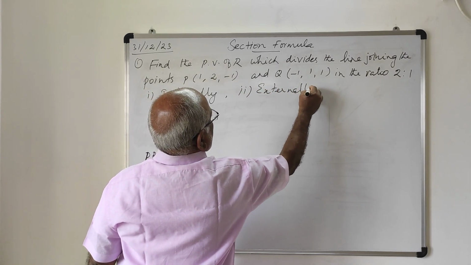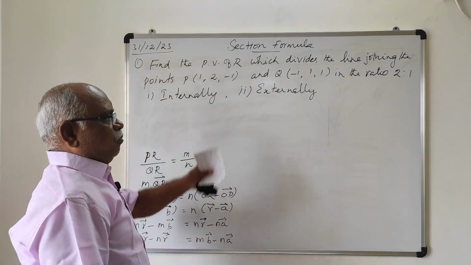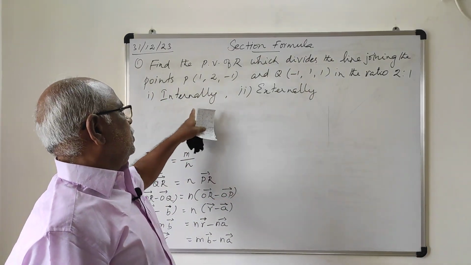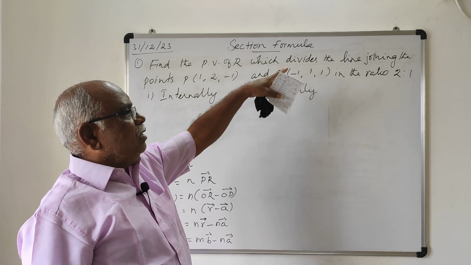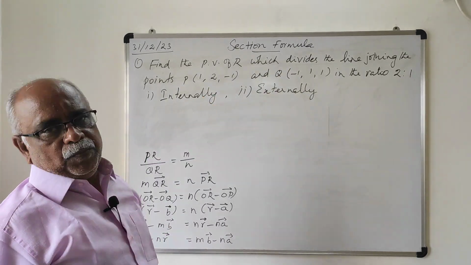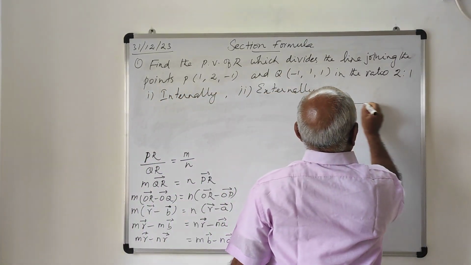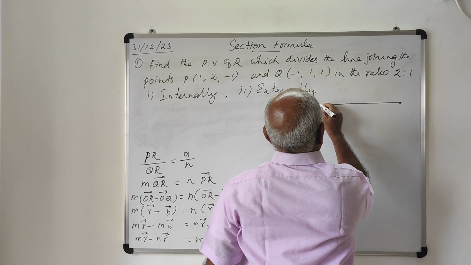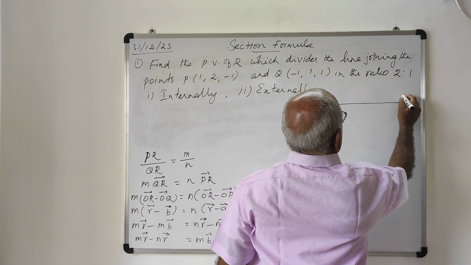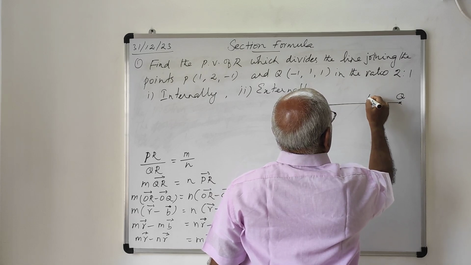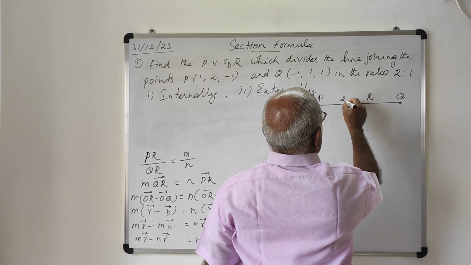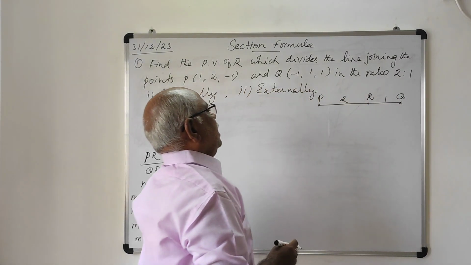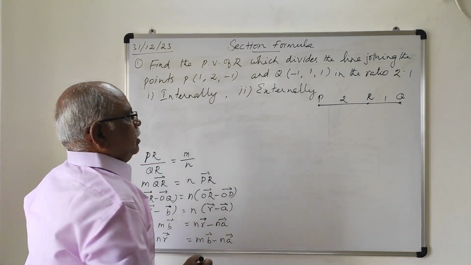In both the cases we have to find the same thing: the internal ratio and the external ratio for this point R, which divides the line PQ. You know that this is a point P and this is a point Q, and R divides the line PQ internally in the ratio 2:1.